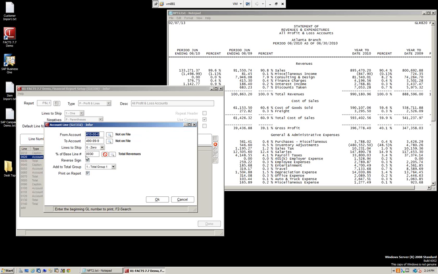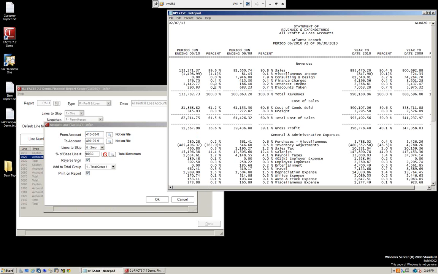All right. The percent of the baseline, okay, I'm using line 30. Line 30 just indicates that's going to be my percentage, which means that if you look here, I'm using line 30, which is my total revenues as the base. So I'm taking 100%, and everything's being compared to that. So when I look at my total cost, you can see it's 60% of the sales.